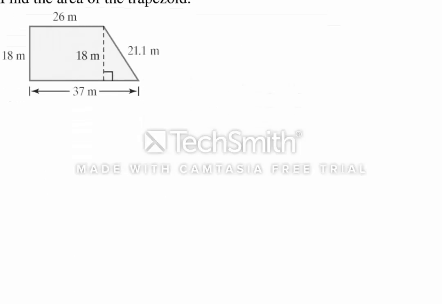Next, find the area of a trapezoid. Area of the trapezoid formula is 1/2 height times base 1 plus base 2.